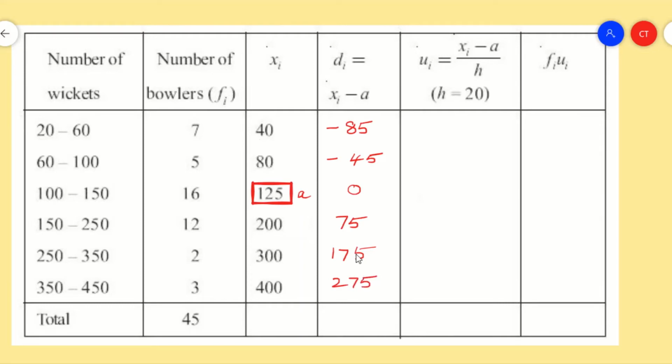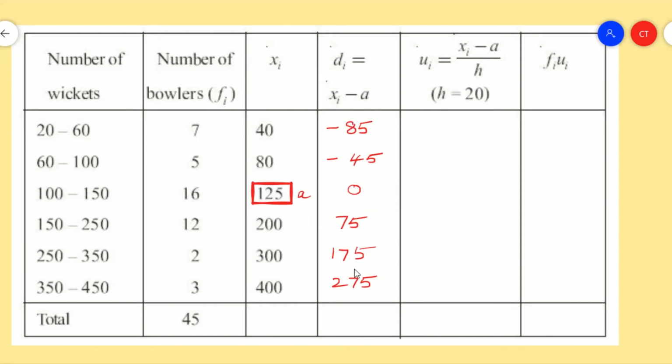After getting all these values, if the class sizes were uniform, to find ui you would have divided the di values by the size of the class. But since the size is different here, we choose a number that is a common factor of all these di values.